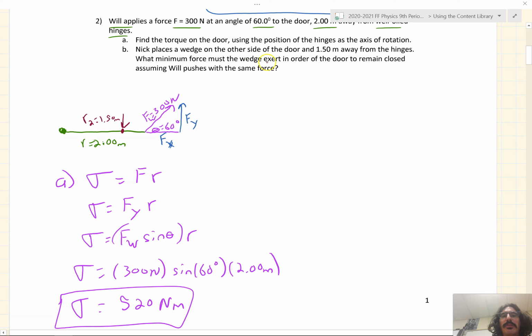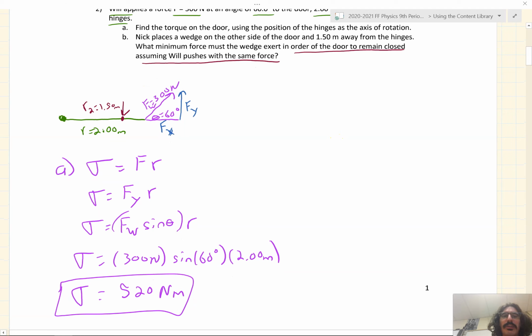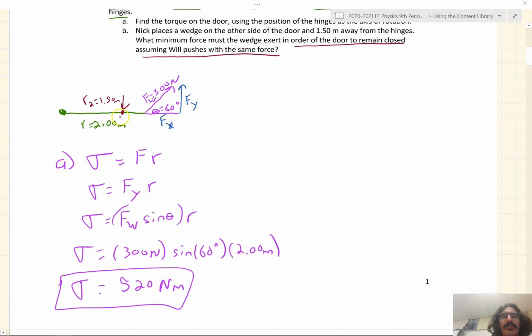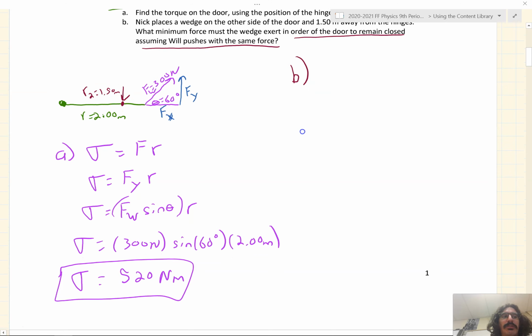What minimum force must the wedge exert in order for the door to remain closed, assuming Will pushes with the same force? In other words, if we want the door to remain closed, that means the door can't rotate, which means we want to know what's the minimum force exerted by the wedge when the net torque is 0 newton meters.